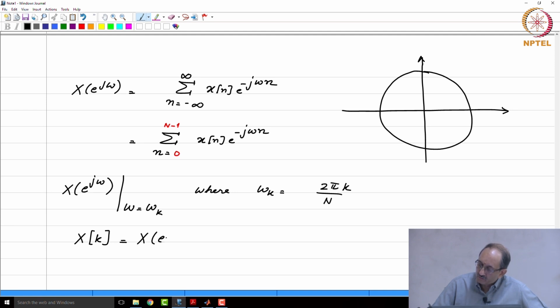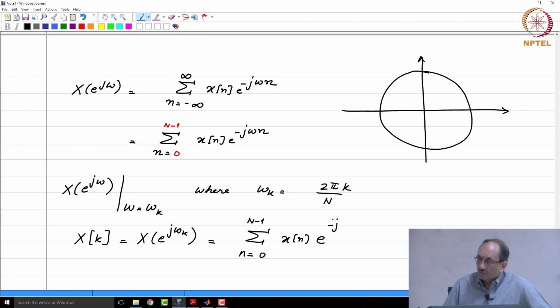So this is nothing but X of e to the j omega k, which is the sum for n going from 0 to N minus 1 of x of n e to the minus j omega k n, where omega k is 2 pi little k by capital N. Hence one interpretation of the DFT is taking the DTFT and evaluating it at a set of N uniformly spaced points in the interval 0 to 2 pi.